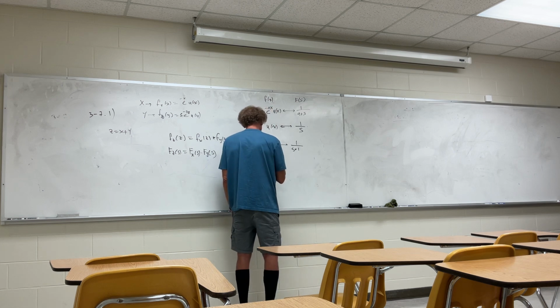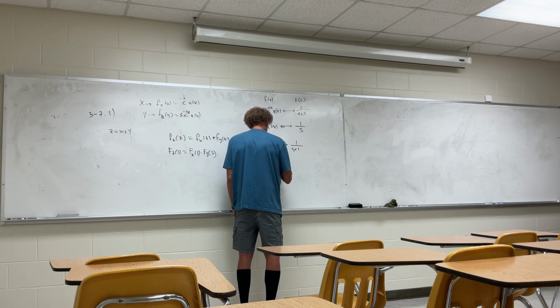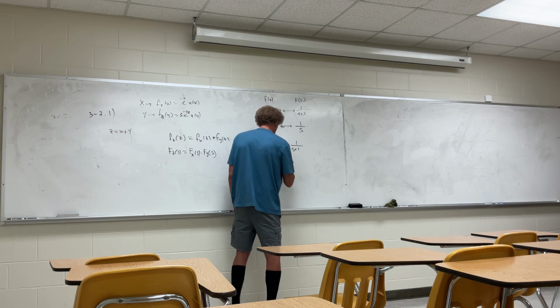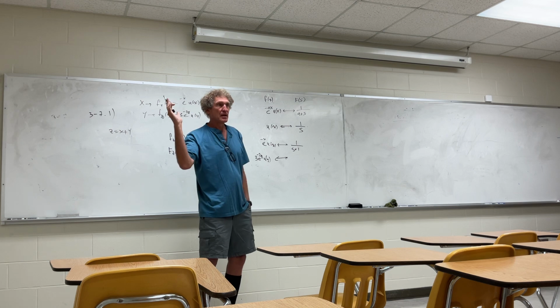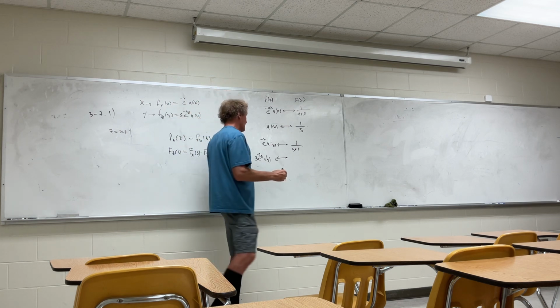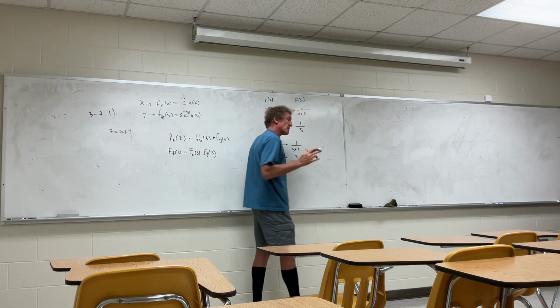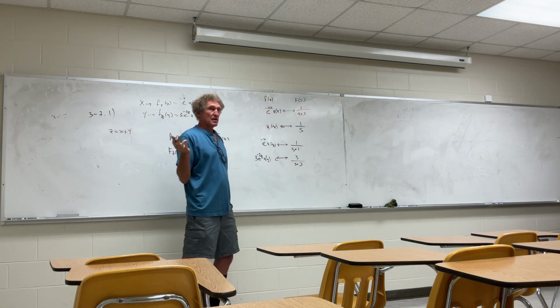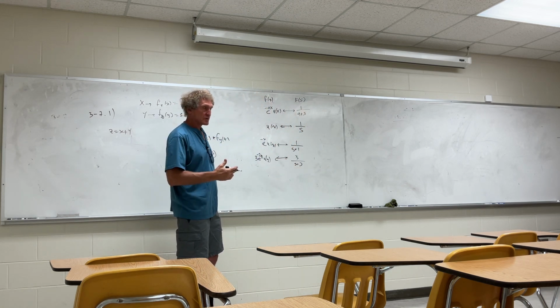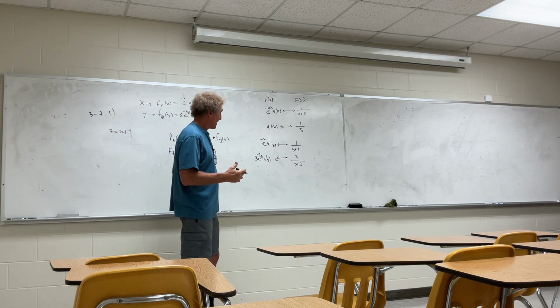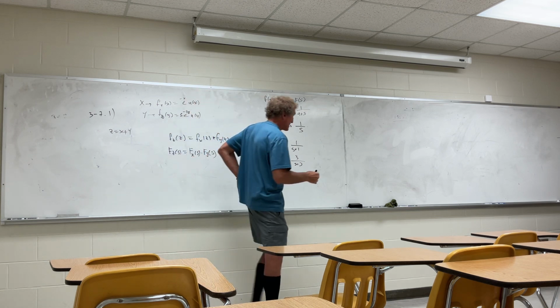And what does 3e to the minus 3x, or 3y, it doesn't matter, 3y u of y transform as? Someone else. 3 over s plus 3. Right. 3 over s plus 3. First, does everybody see that? Simple transforms.